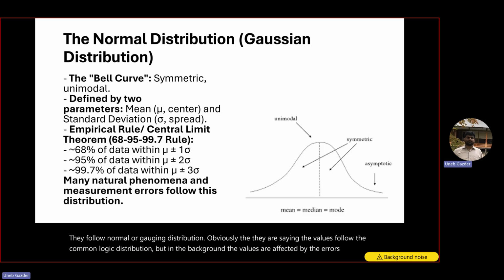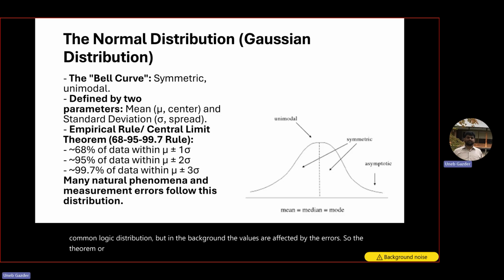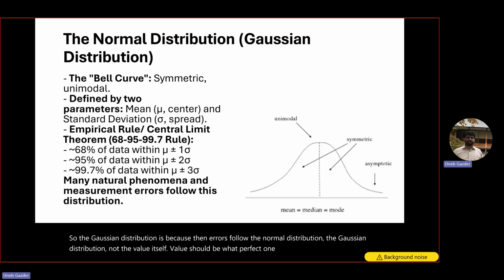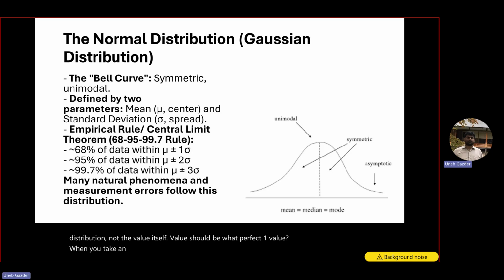So the theorem or this claim is mainly about the errors, because if you take out the errors, you will be left with one value. The Gaussian distribution is because the errors follow the normal distribution, not the value itself. The value should be one perfect value when you take an observation, but the errors or the variation will not let it happen.